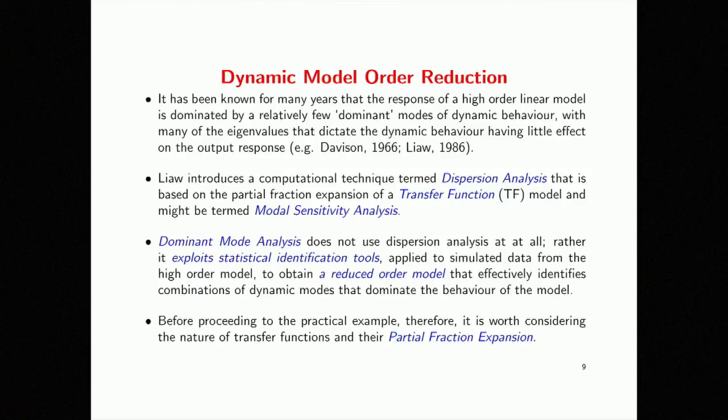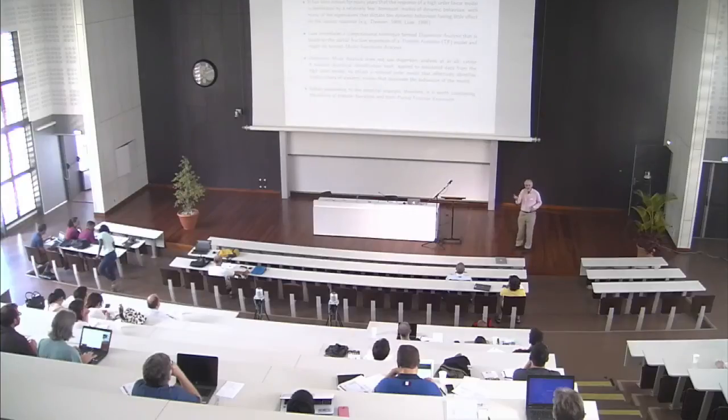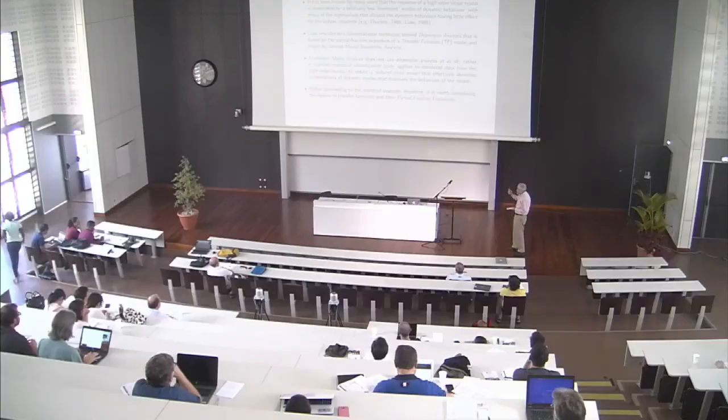And you could then arrange these, a bit like principal component analysis, and find which of those modes were affecting primarily the output. So it's a form of sensitivity analysis, not just the form that's been talked about mainly this week. And the modes that come out as the most influential we'll call the dominant modes. However, I don't use Liao's analysis. I'll point out what I use later on.